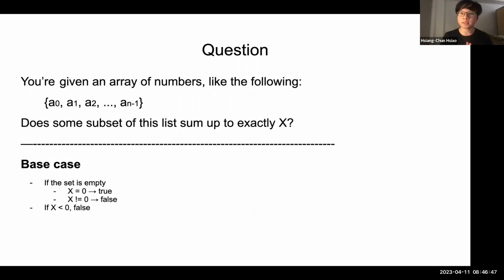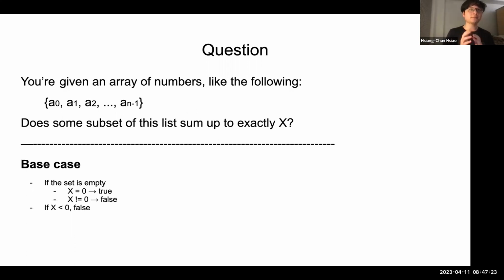So then we can identify the base case. If the set is empty, that means that there's no numbers for us to go over. So we can identify whether the X is equal to 0 or not. If X is equal to 0, then there's no numbers, and it would add up to 0, which is true in this case because the list would sum up to X equals 0.